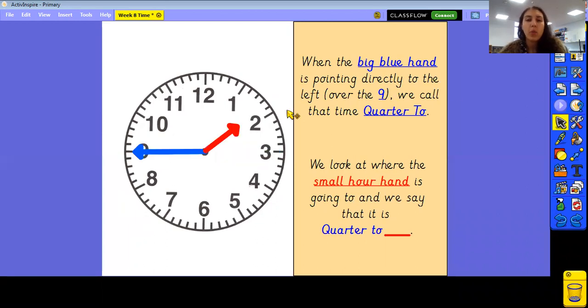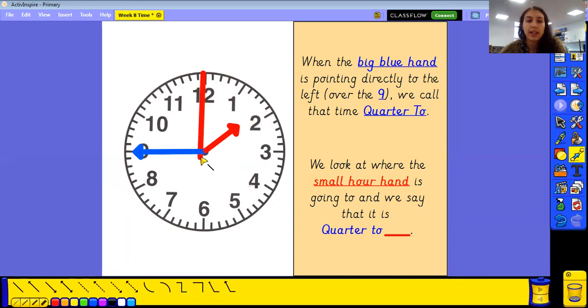So remember, when the minute hand is on, if I draw this line here, is on this side, we say it's minutes past the hour. As soon as that minute hand goes onto this side, we start to count how far away it is from the next hour. So we say that is minutes to the next hour.